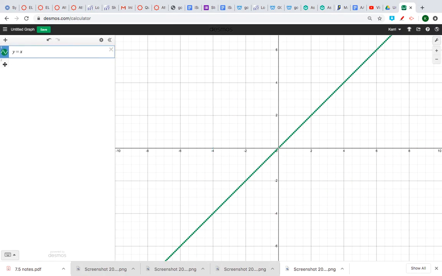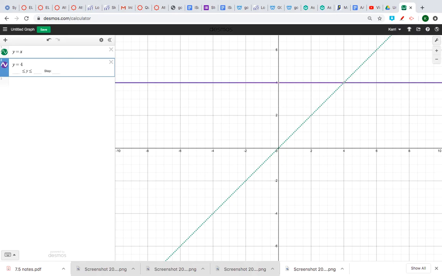And I'm going to do a log function. So I'm going to do an exponential function. So y equals 4 to the x.